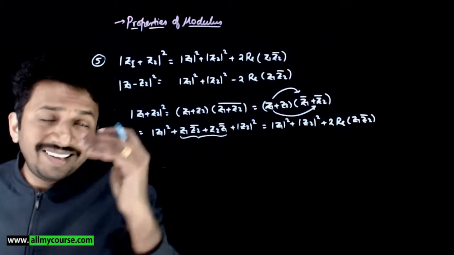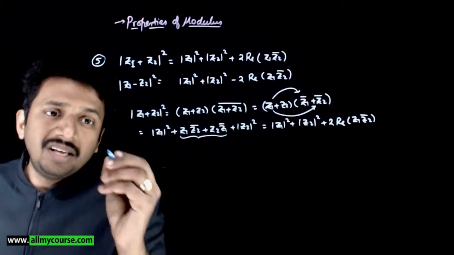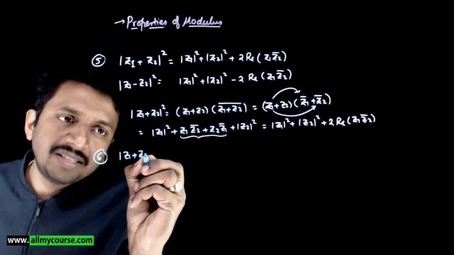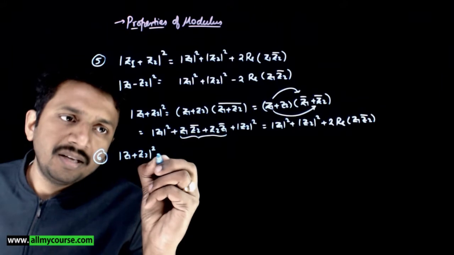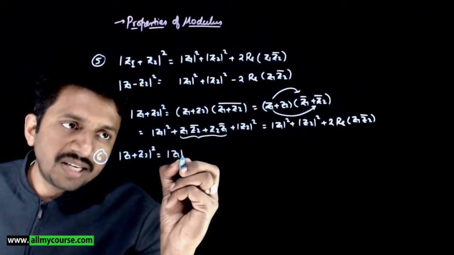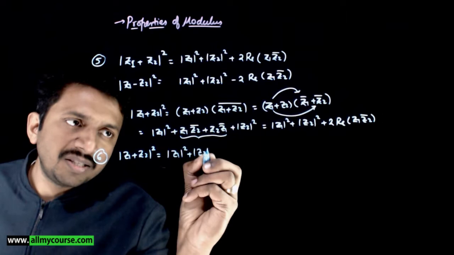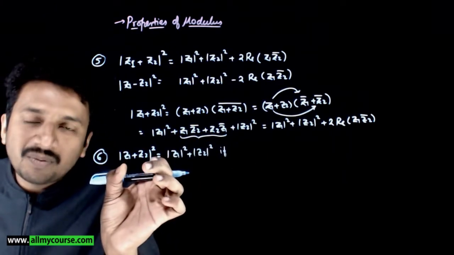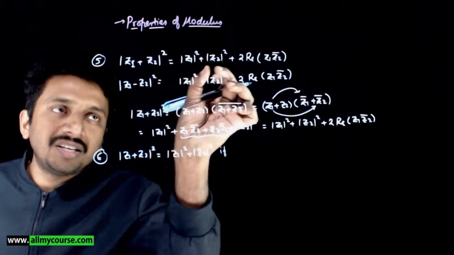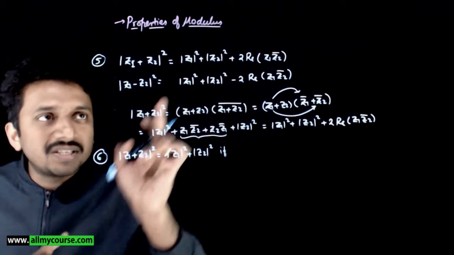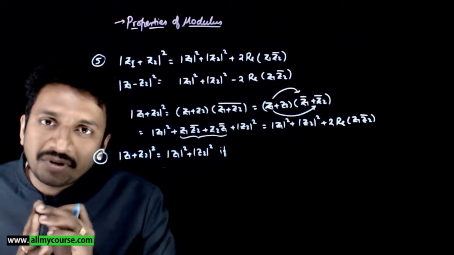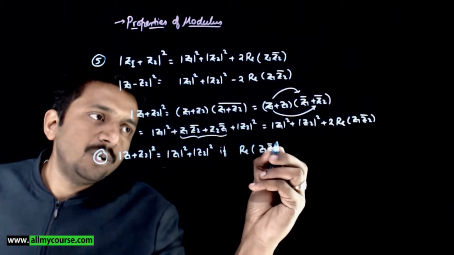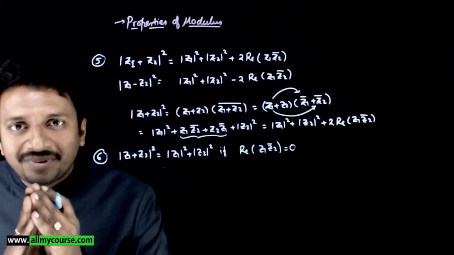So the next property closely related to this is modulus of z1 plus z2 whole square is equal to mod z1 square plus mod z2 square if. So when will modulus of z1 plus z2 whole square be equal to mod z1 square plus mod z2 square? Obviously from this formula, if this has to happen, then real part of z1 z2 bar has to be equal to 0, right?